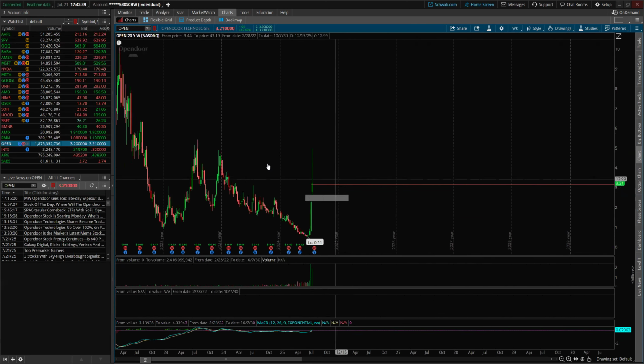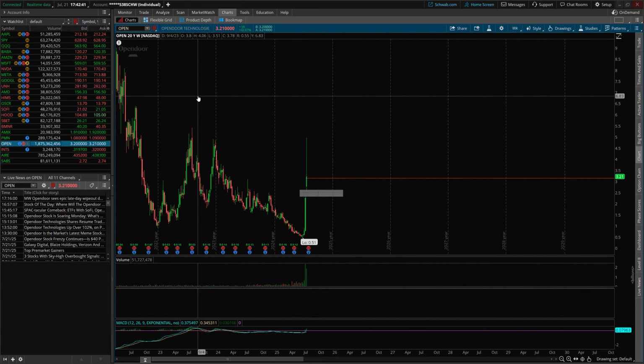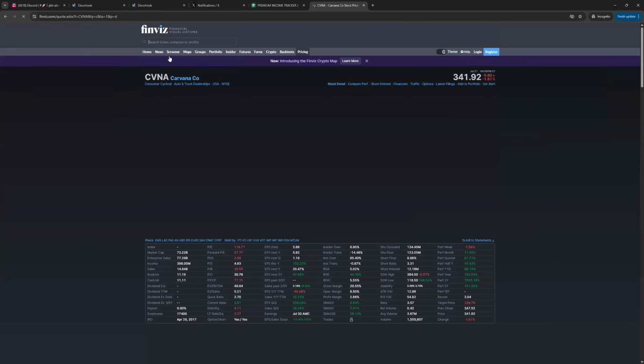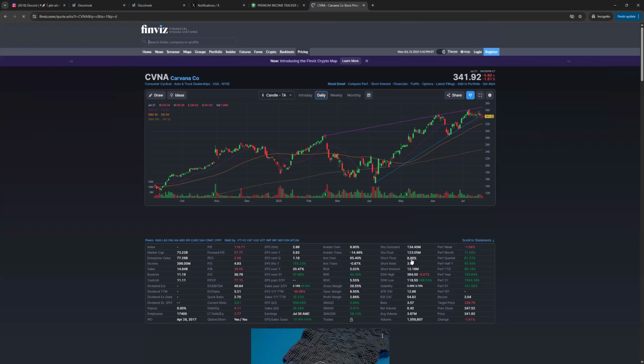What really turned Carvana around is that one of their earnings reports had really good numbers. Also, Carvana at that point in time had a pretty high short float, and it was a squeeze and meme ticker. It was a lot higher before.